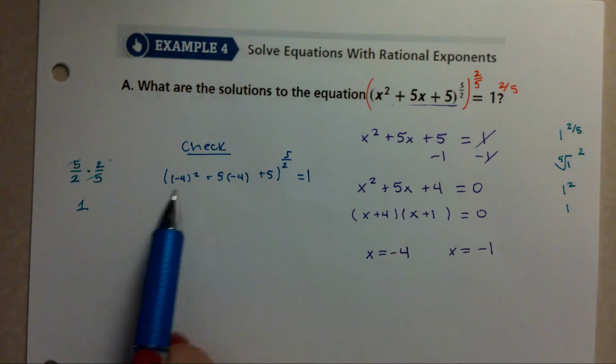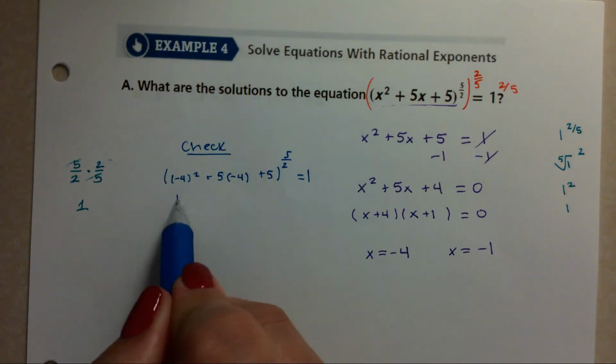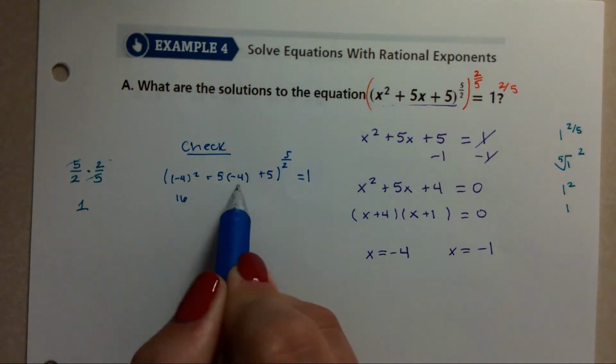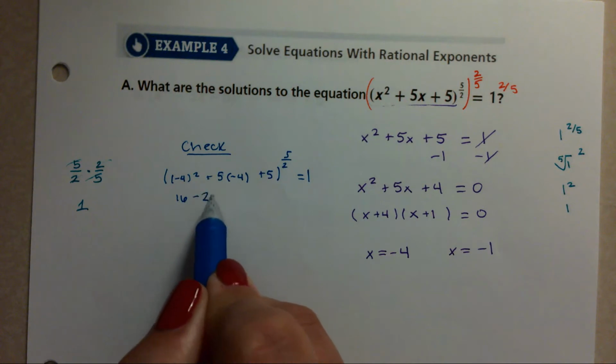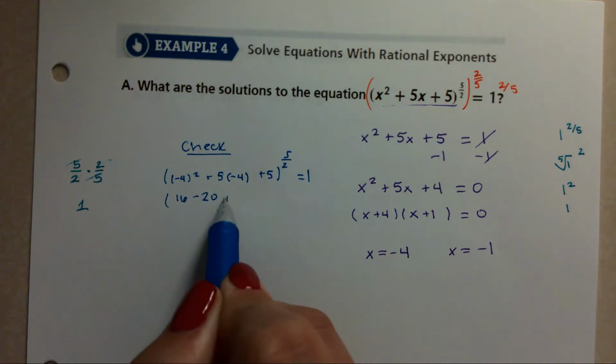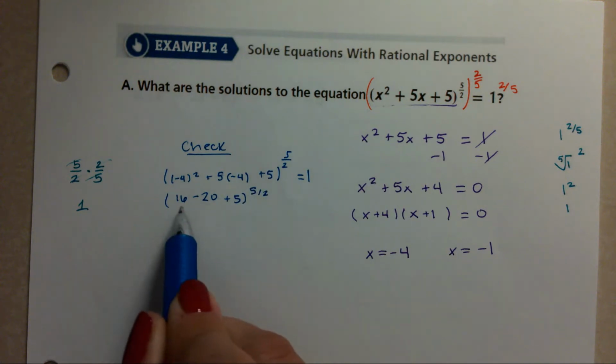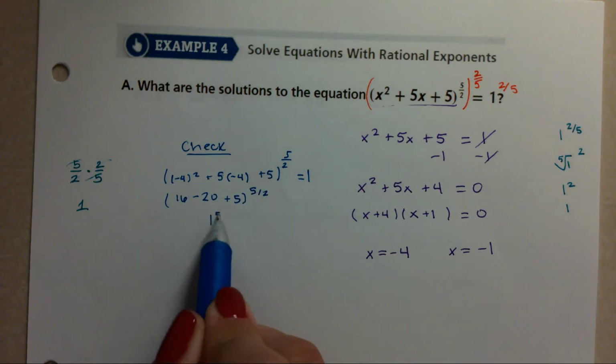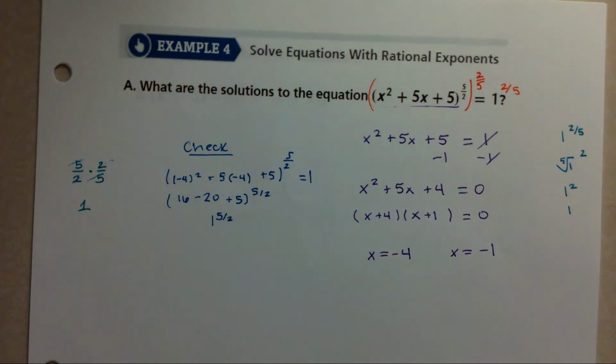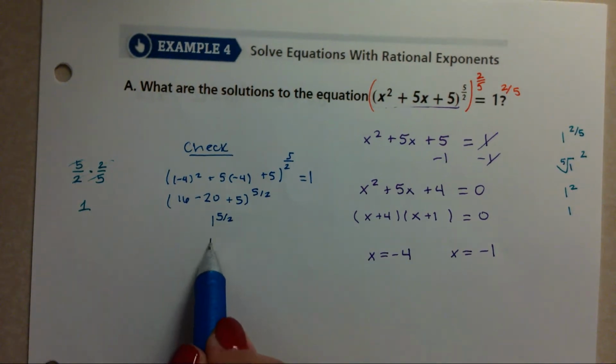So -4 squared is 16. 5 times -4 is -20, plus 5. And 16 minus 20 is -4, plus 5 is 1. To the 5/2 is 1. So that one works.